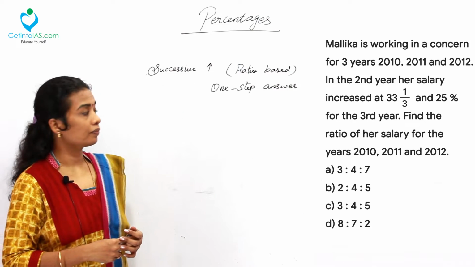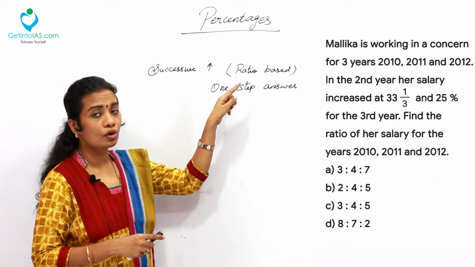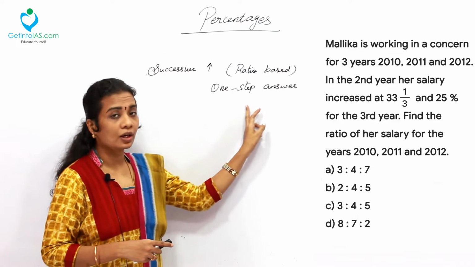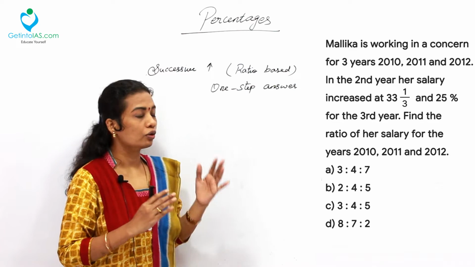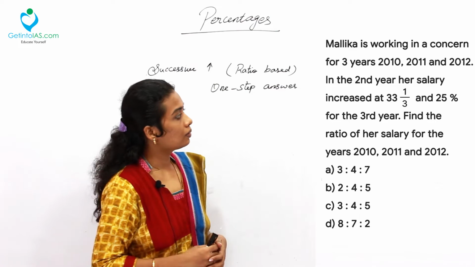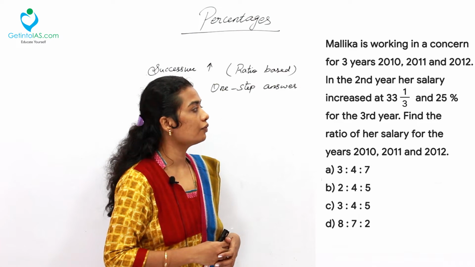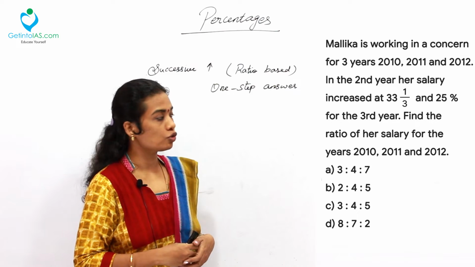The next sum, successive increase, which is given in ratio based one step. Within one step you can find the answer. That's what we are going to see now. The sample question over here is, Mallika is working in a concern for 3 years, 2010, 11 and 12.